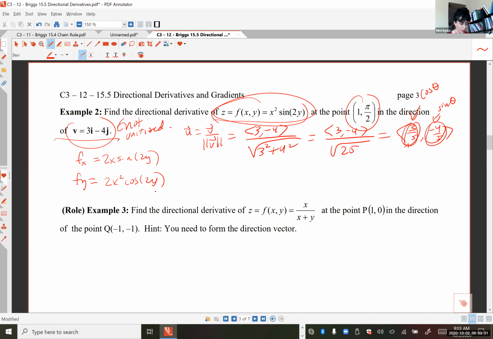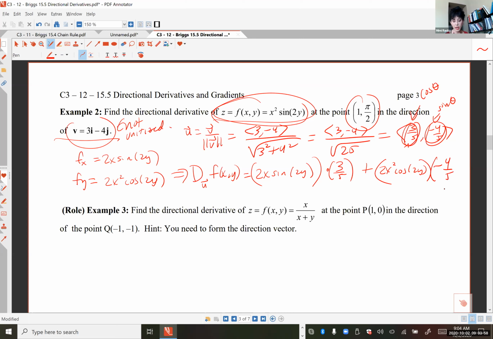Then your directional derivative, big D subscript u, f of x, y, is going to look like the fx, 2x sine 2y, times the first component of that unitized direction vector, plus the fy, 2x squared cos 2y, times the second component of your unitized direction vector.